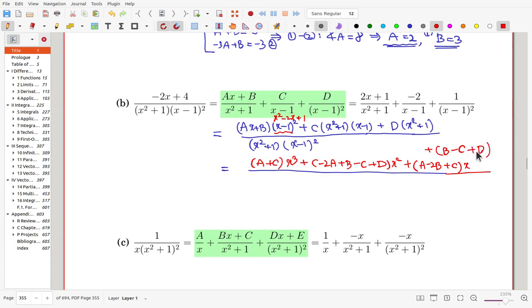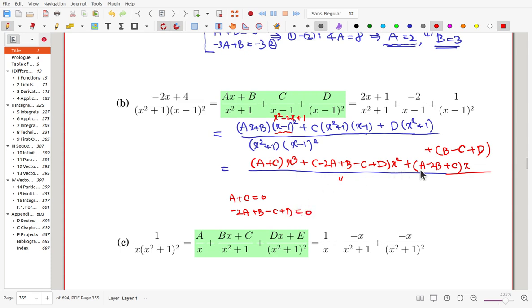Okay. Now, along with this expression, the same bottom. Now here, a plus c, there's no cubic term here, so a plus c must be 0. And again, this one must be 0: minus 2a plus b minus c plus d must be 0.